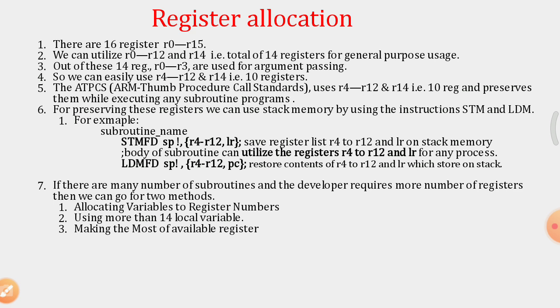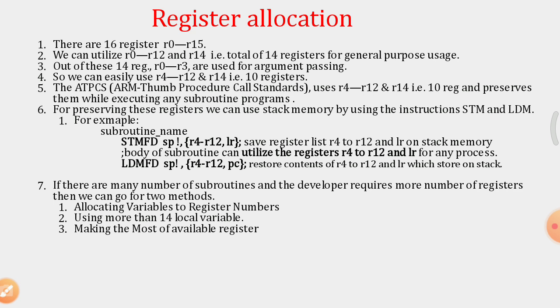The ARM Thumb procedure call standard, ATPCS, is what controls or sets the standard for jumping from an ARM program to a Thumb program, or from a Thumb program back to an ARM program.